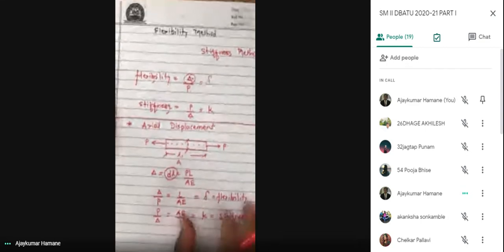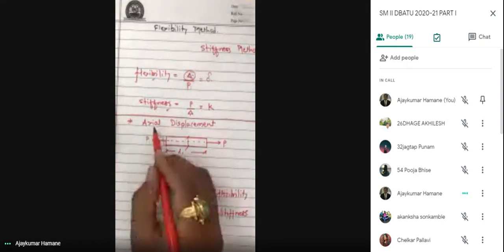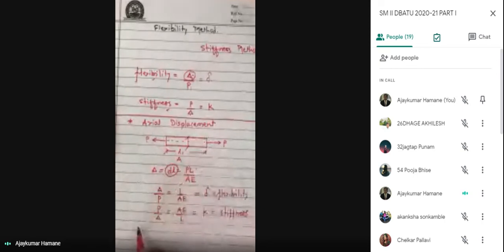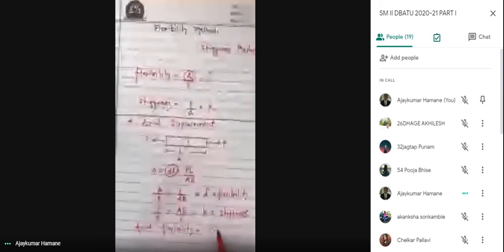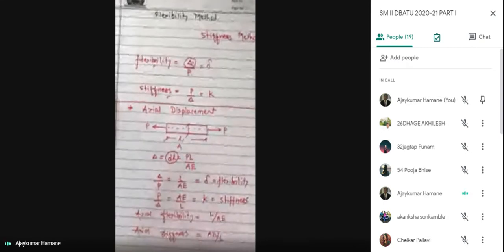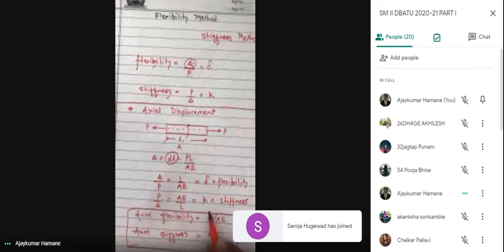So when there is axial displacement, the axial flexibility equals L upon A, and the axial stiffness equals A upon L. Remember this one.